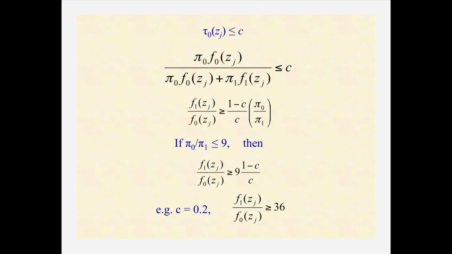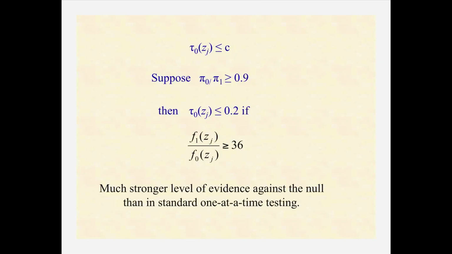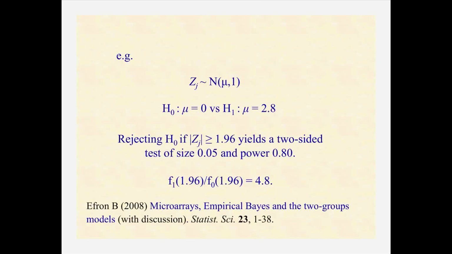To summarise that result, for genes to be differentially expressed, the likelihood ratio has got to be greater than or equal to 36. Now, in a standard test where you're just looking at a single gene at a time, suppose the alternative says that mu equals 2.8 and the null is 0. If you reject the null using a two-sided test of size 0.05, and the power comes out to be 0.8, then the likelihood ratio is 4.8.